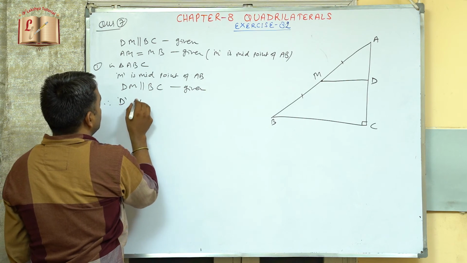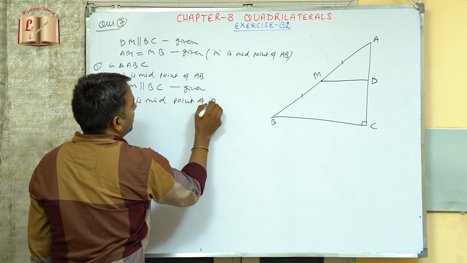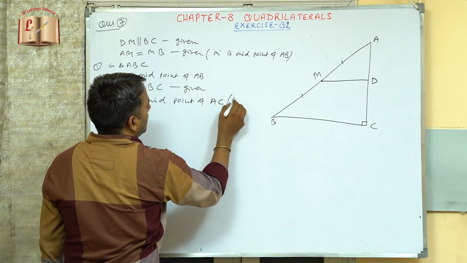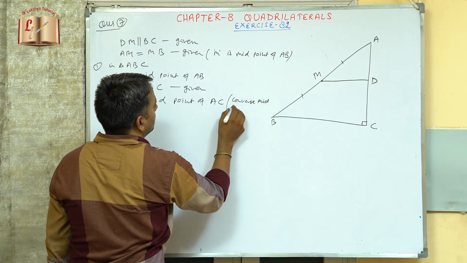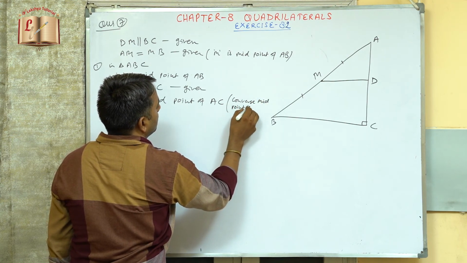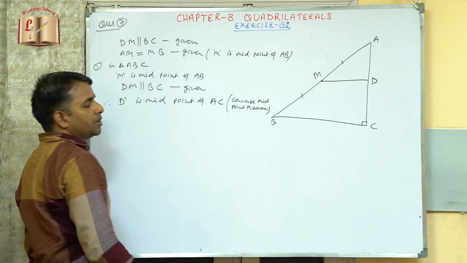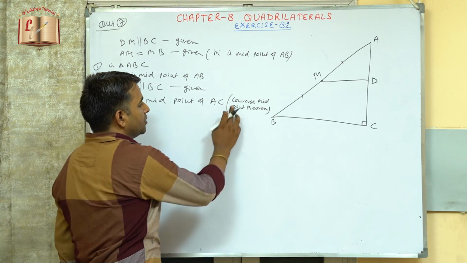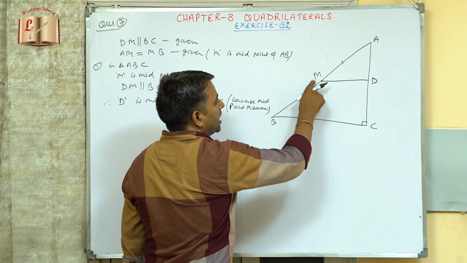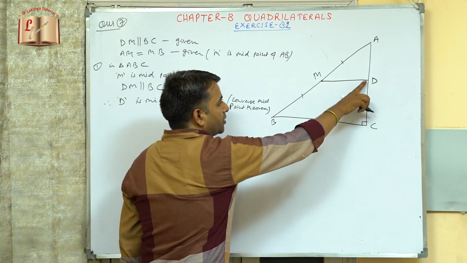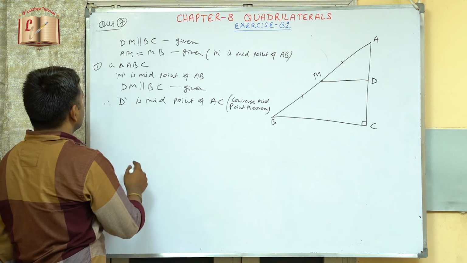Therefore D is the midpoint of AC. This is by the converse of the midpoint theorem. We have proved that because this side is parallel to this side and M is already given as midpoint, so automatically D will be the midpoint of AC. So this is proved.